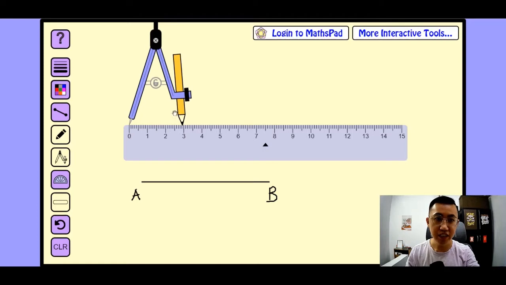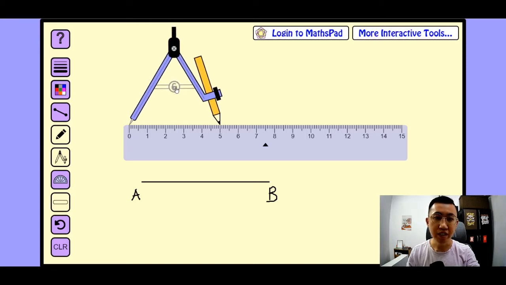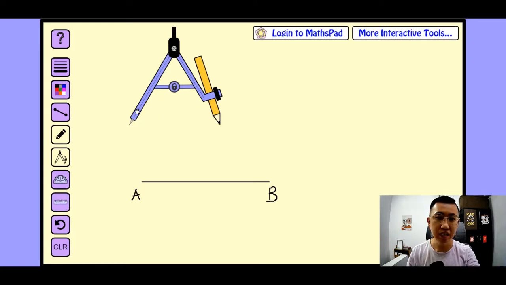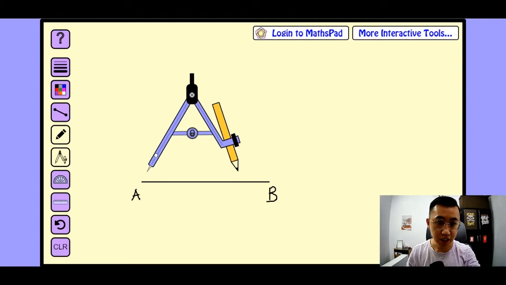Needle on the 0 mark, then try to find the 5 centimeter mark. Once you have opened up to the 5 centimeter length, place it at point A, since we are trying to draw AC here.